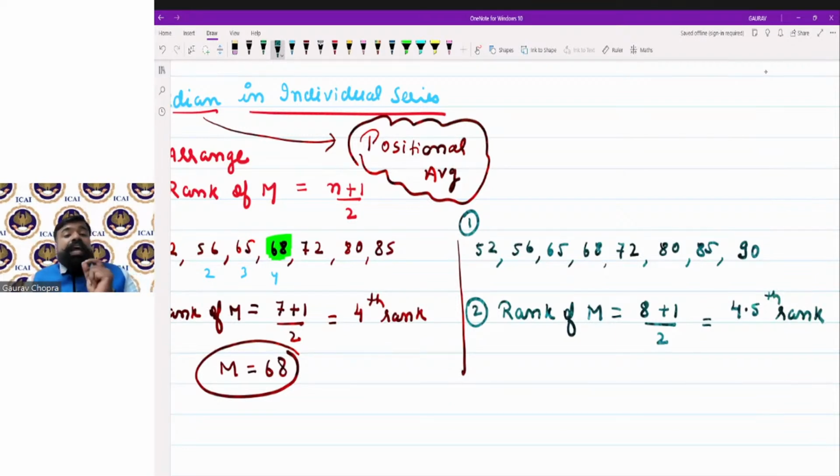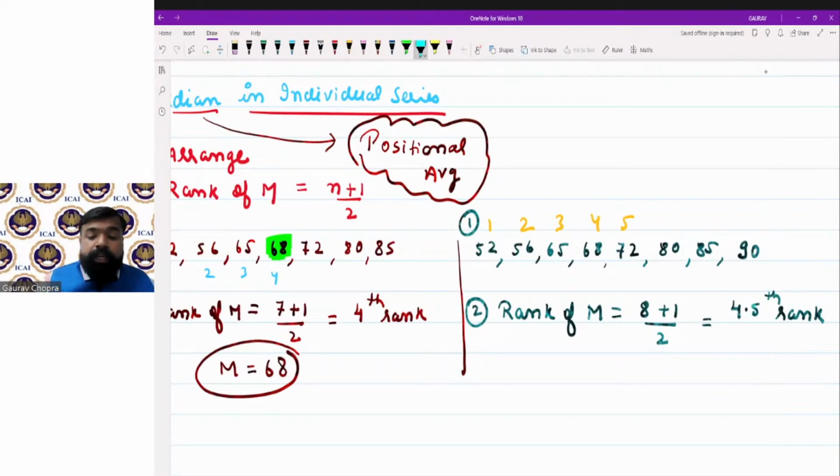So this time, the challenge is that the rank is coming in decimal. It is not fourth, not fifth, it is 4.5. The rank is in between 4 and 5. So what to do? We can take the simple average of the fourth and fifth numbers. So this is first, second, third, fourth, and fifth.